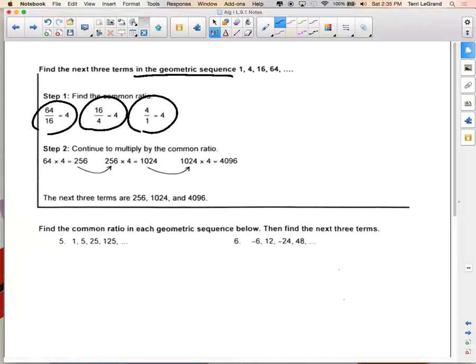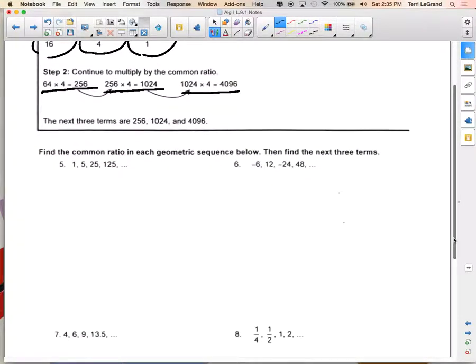And then you would show the work starting at the last term, which is 64. You would show multiplying it by 4 to get the first of the next 3 terms. Take that 256 times the multiplier 4 to get the second term of the next 3, and the 1024 times 4 to get the third term of the next 3.